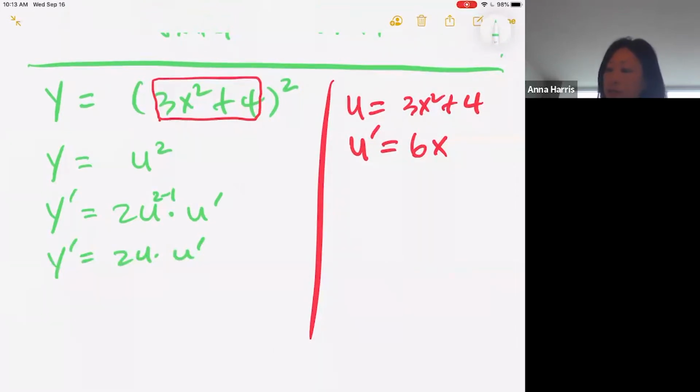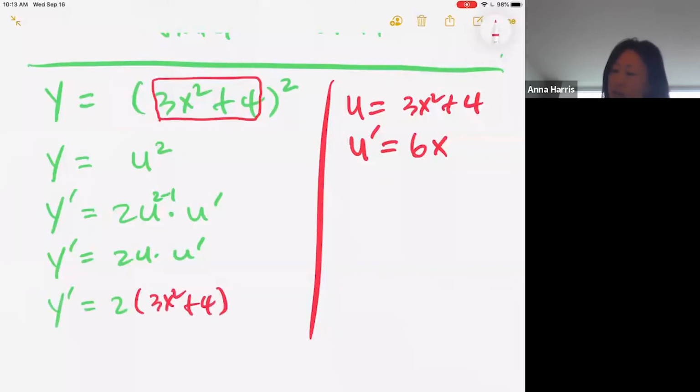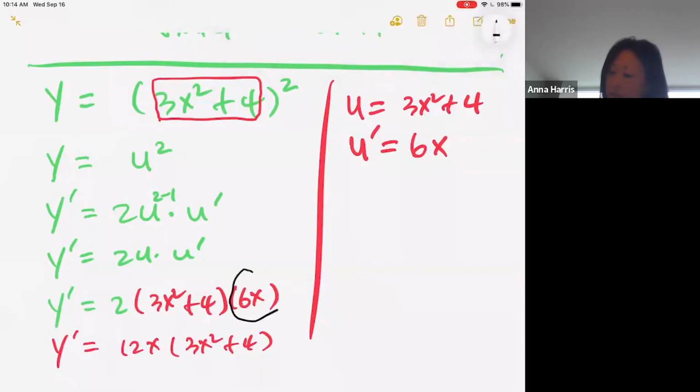You know what u is. So my y prime is 2 times my u, which is 3x squared plus 4. What is my u prime? 6x. So if I simplify everything, I get what? 12x times 3x squared plus 4. I multiply this together, like this.